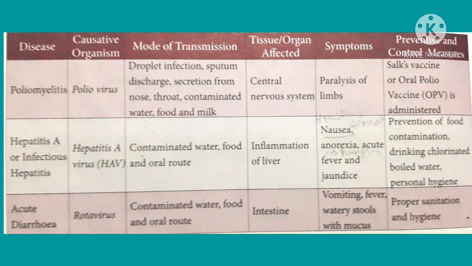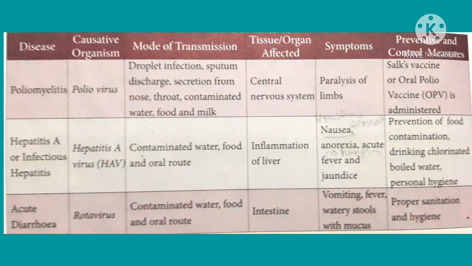Through oral droplets, saliva or sputum as well as contaminated water, food and milk. Clear? Organ affected: central nervous system. The central nervous system includes brain and spinal cord. So, when the virus enters our body, it will affect our central nervous system, that is brain and spinal cord.